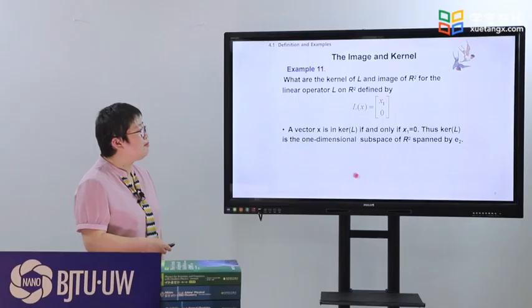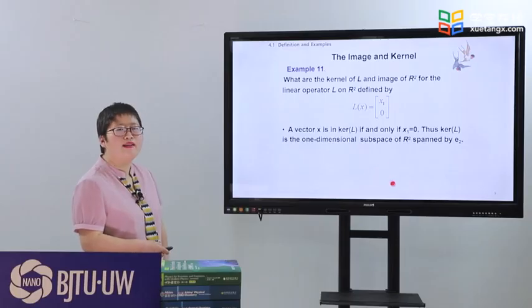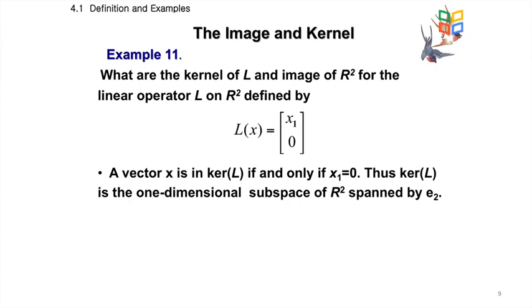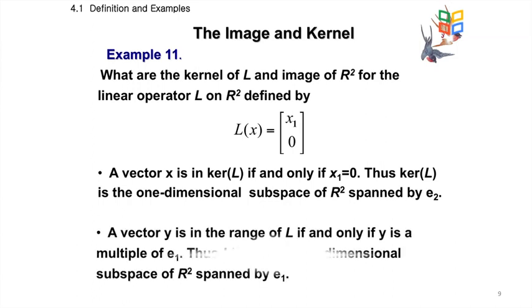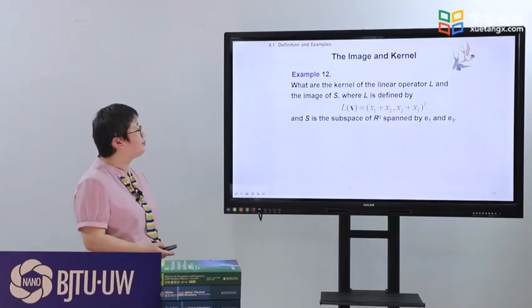So it is spanned by E1. A vector Y is in the range of L if and only if Y is a multiple of E1, thus L of R2 is a one-dimensional subspace of R2 spanned by the first coordinate vector E1.